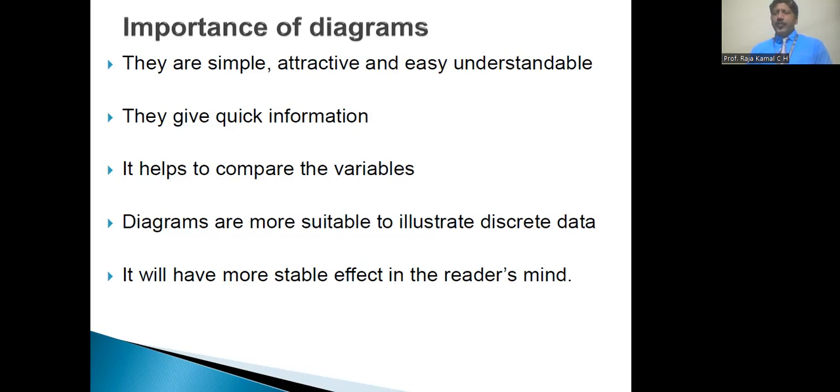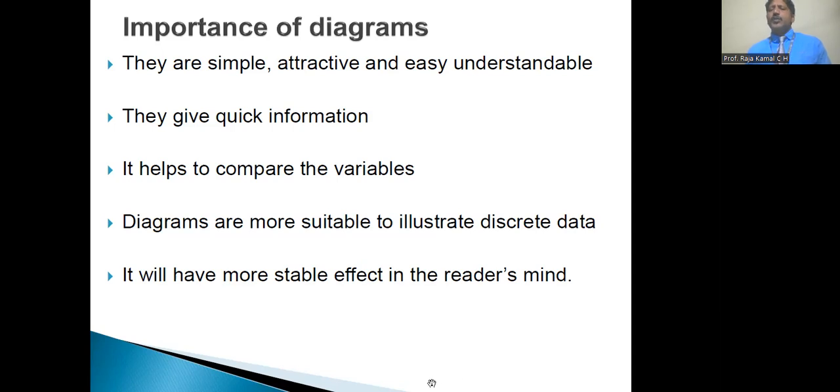If you use the bar diagram, the bar which takes more height shows the year that has more production. So by seeing the diagram, immediately we can recognize in which year we have got more sales. Not only that, diagrams give you quick information.